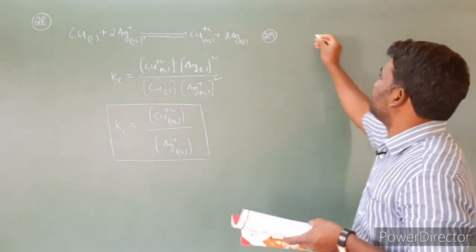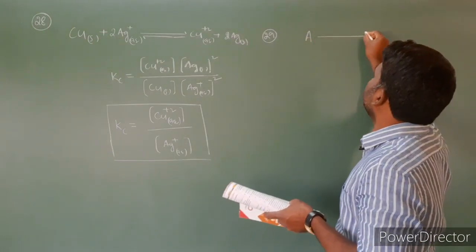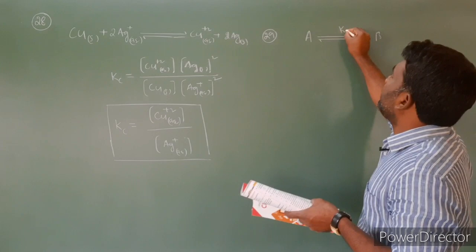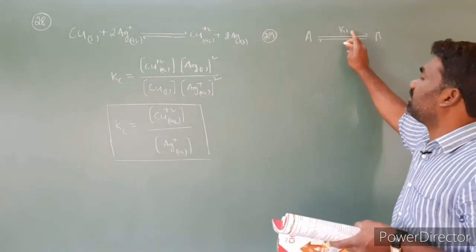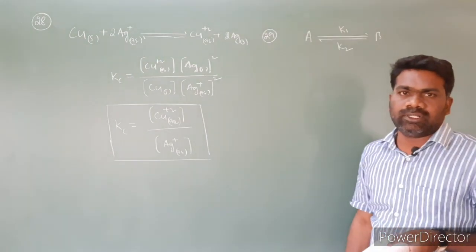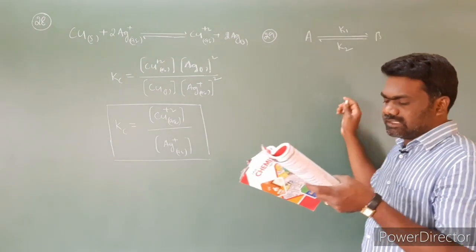So first let us write the equation: A gives rise to B. Here K1 is the rate constant of the forward reaction and K2 is the rate constant of the backward reaction. What data is given?